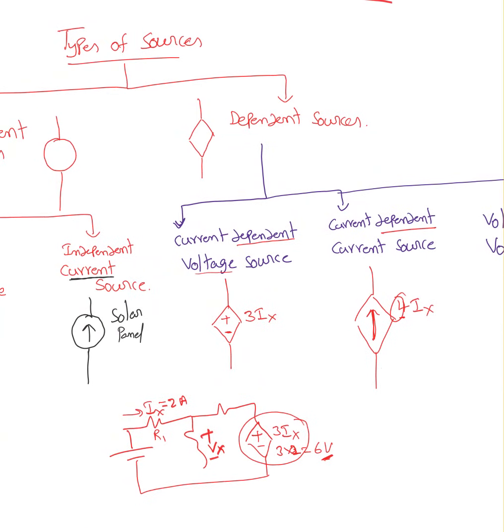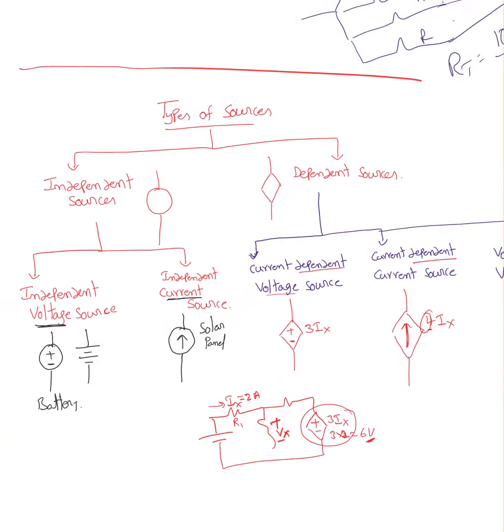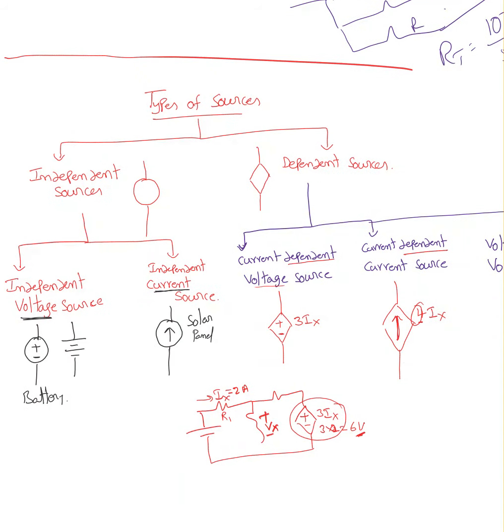I'm going to recap. There are two types of sources: independent and dependent. The best examples of dependent sources are transistors and MOSFETs; most electronic circuits have dependent sources. Battery and solar panel are independent sources.